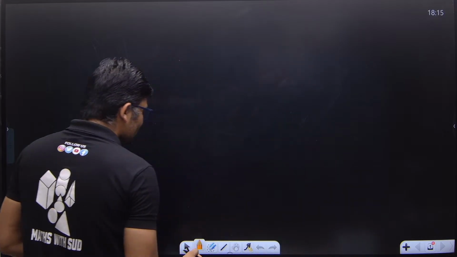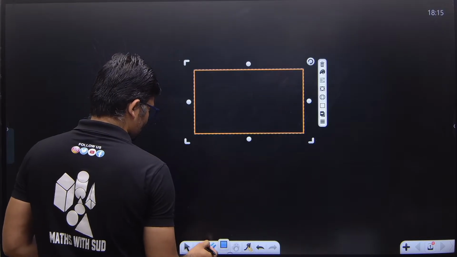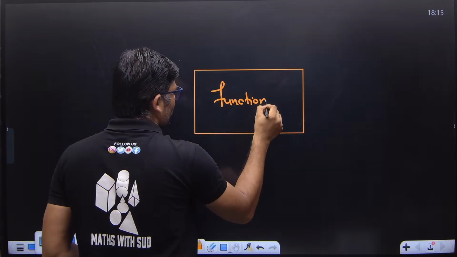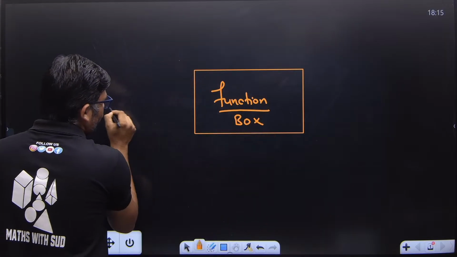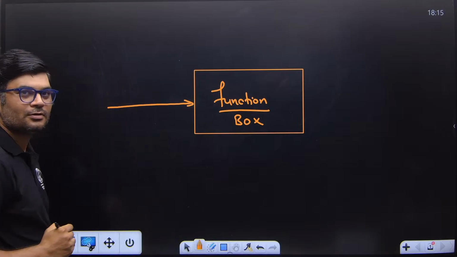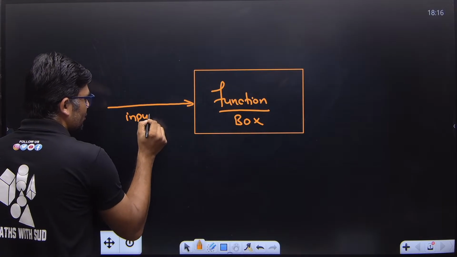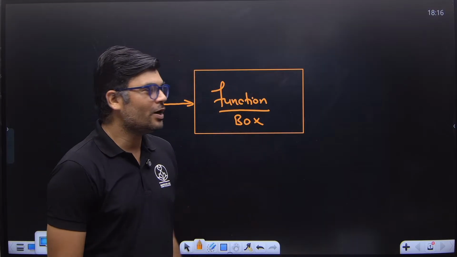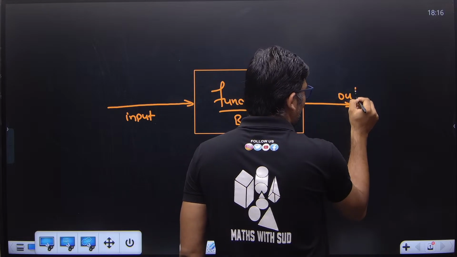In mathematics, that box is known as a function box. There are many things going on in this function box. What we throw in is known as input, and what comes out after the function is known as output.